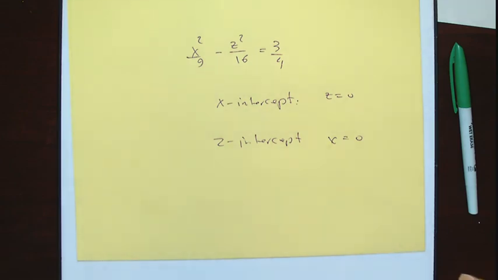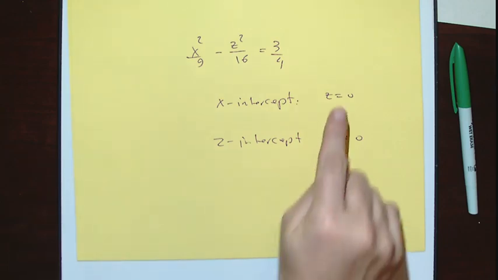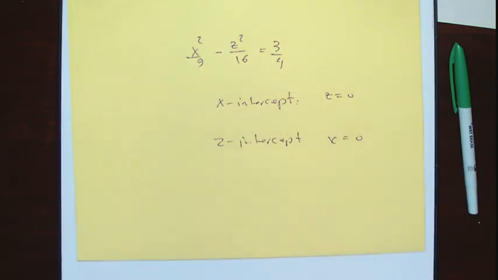No. So which one is it? It has an x-intercept. Look at which one has an x-intercept. Okay. 4, 3, 2, 1, 0. Okay, thank you.